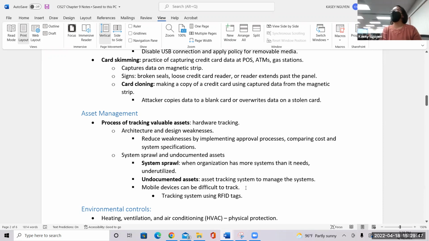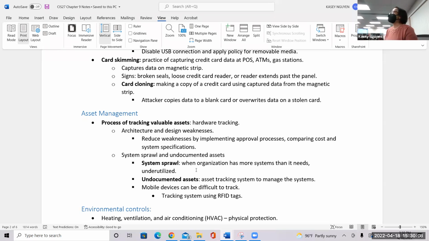So part of the IT person's job is to maintain assets, even the low-end ones, because most companies only value anything that's $500 or more. And then we also run into system sprawl, meaning the systems are not being utilized fully, or there are way more than what's needed.